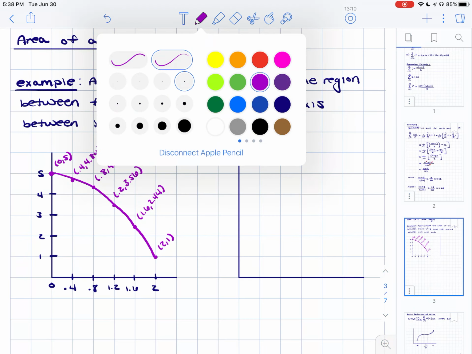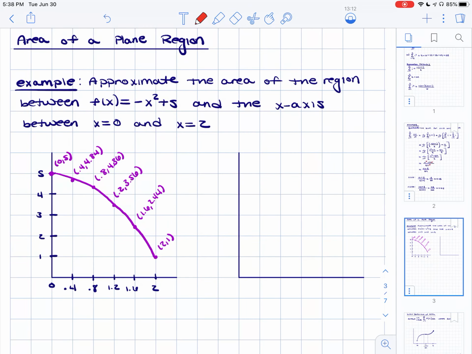Now we're trying to approximate the area between this graph and the x-axis on the interval 0 to 2. What I meant by breaking this up into 5 different intervals is we're essentially going to think of this as 5 different rectangles. For this first one, we're going to use the right endpoint to draw in little rectangles.